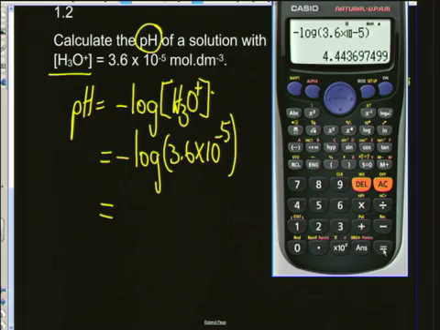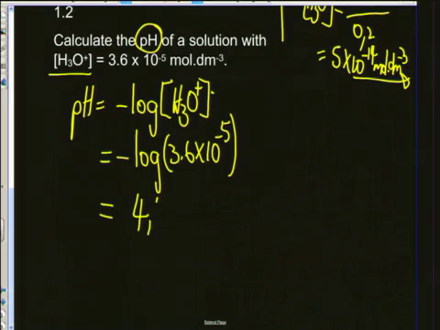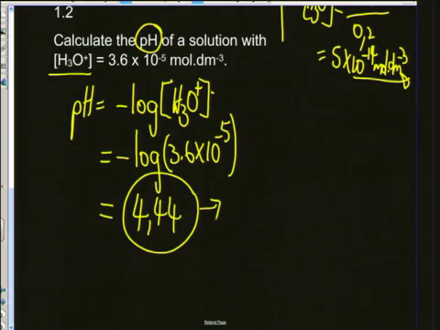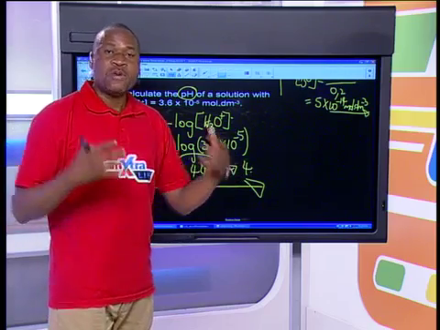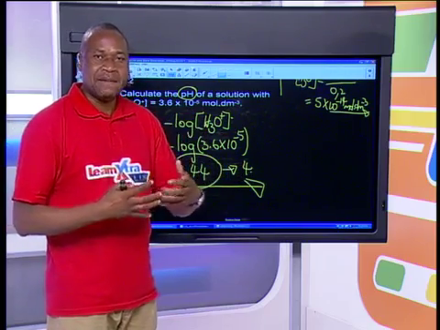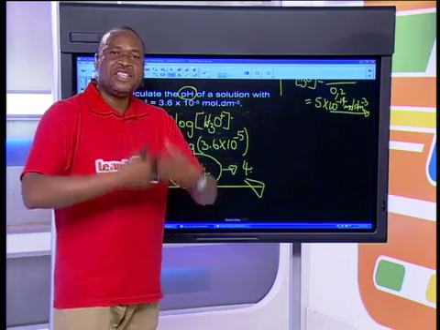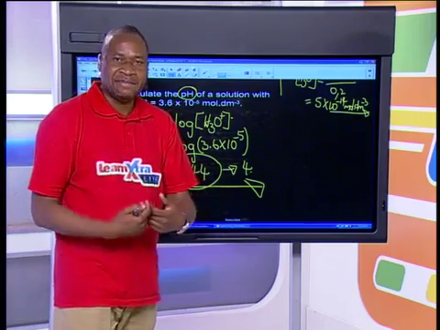The pH is 4.44. All right, so the pH is equal to 4.44. You can say that this is a pH of 4. Now 4 is less than 7, and therefore we are talking about an acid here. Acids have got pH levels less than 7.